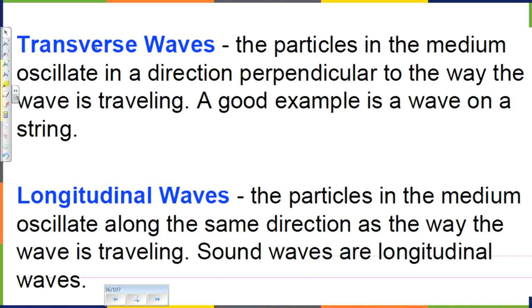That's not always the case. Sound waves, for example, are different. In a sound propagating from the source, particles, molecules, move in the same direction, not up and down, but left, right, left, right. Waves like that have a name, longitudinal.